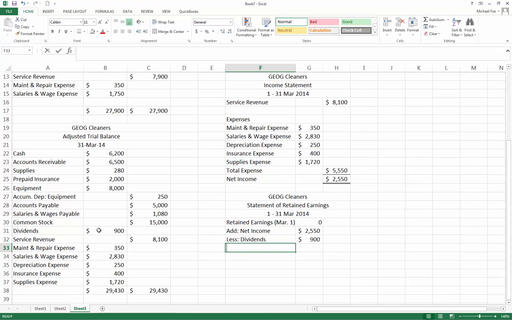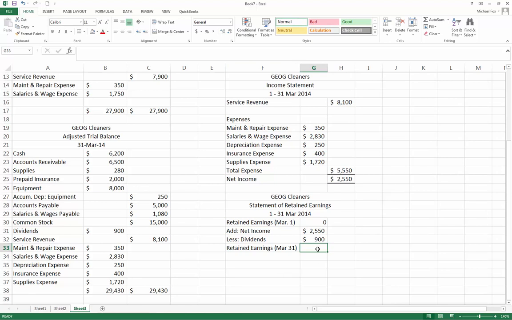And that will give us our retained earnings at March 31st. So this will equal beginning retained earnings plus any net income minus any dividends. So there is our statement of retained earnings.